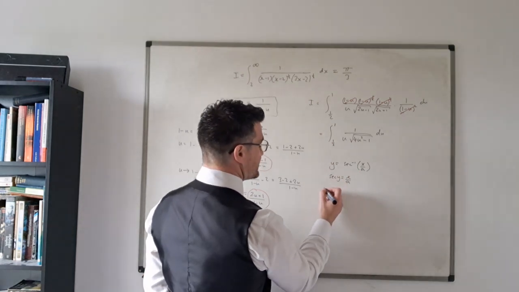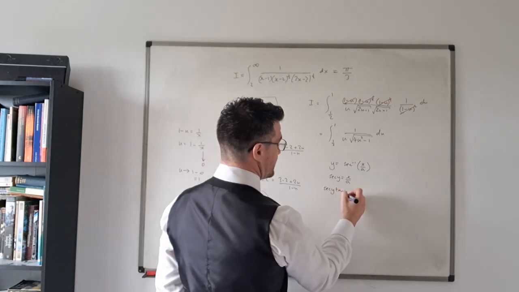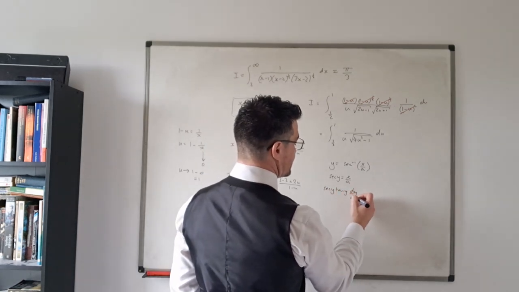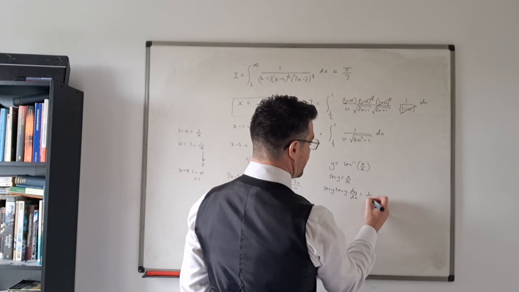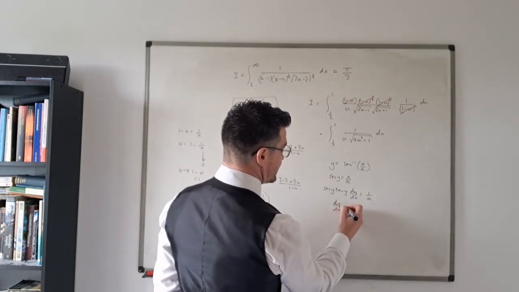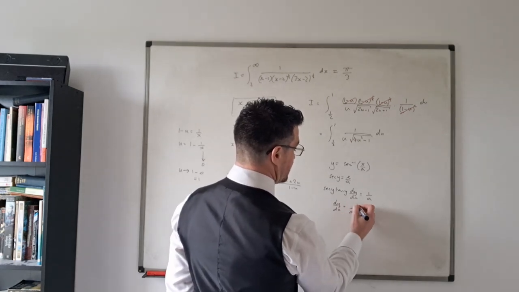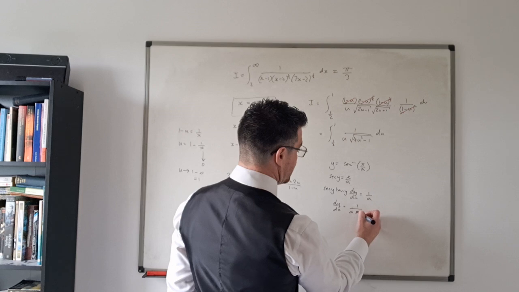So you can differentiate this now, and you can get sec y tan y dy by dx is equal to 1 over a, and you get dy by dx is equal to 1 over a sec y tan y.